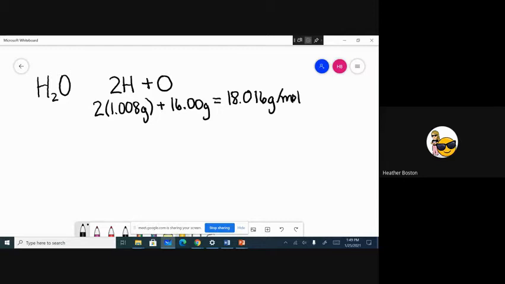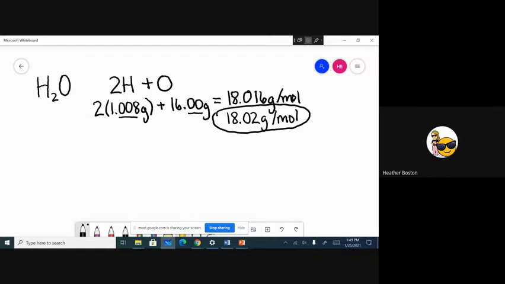Now remember our rules on sig figs. This number is 3 past the decimal. This number is 2 past the decimal. So if I was reporting this measurement, I would report it as 18.02 grams per mole. That would be the answer if it asked for the molar mass of water.